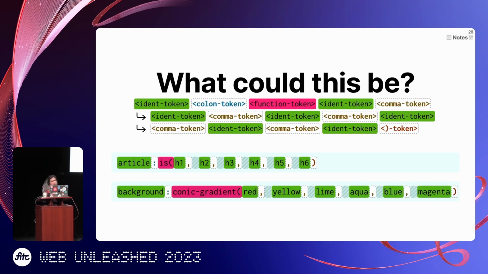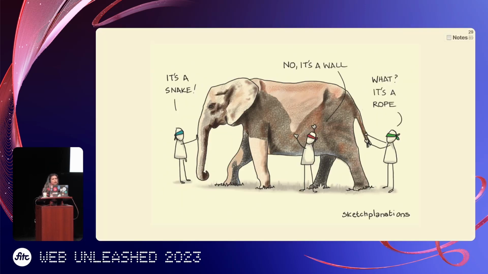So what is it then? Is CSS like this elephant parable where if you touch its trunk, it's a snake, and if you touch the back, its tail is a rope, and if you touch its body, it's a wall? Like it depends on what you're looking at.